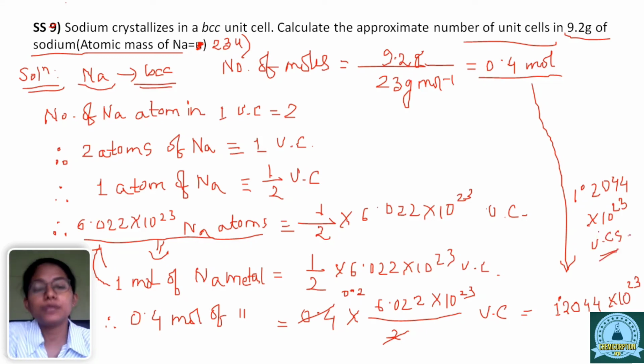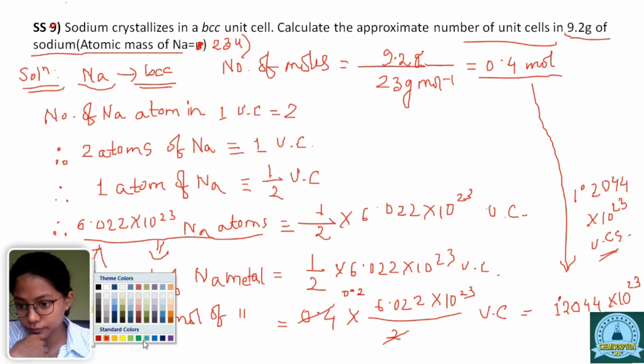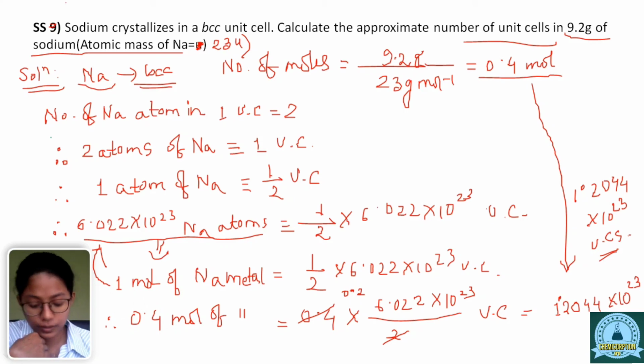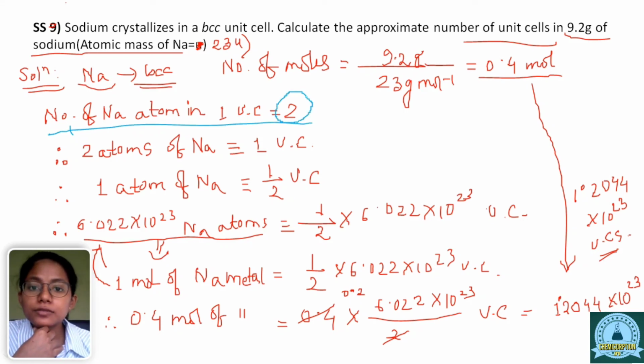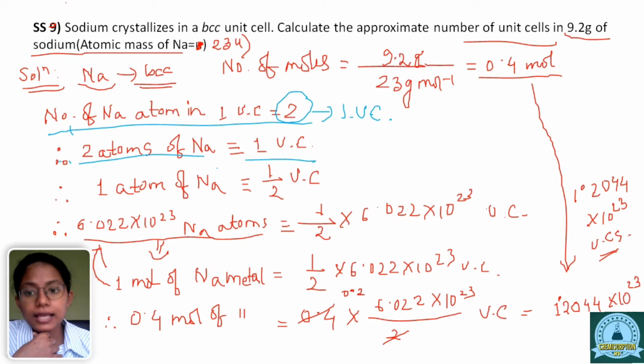So I am using the unitary method, the basic method where you don't need to remember anything. You just start from the number of atoms present in one unit cell. So here the number of atoms present in one unit cell is 2. It means when we have 2 atoms, we will have one unit cell. Therefore, 1 atom of sodium is equal to half unit cell.